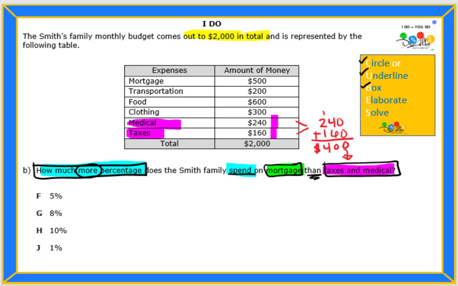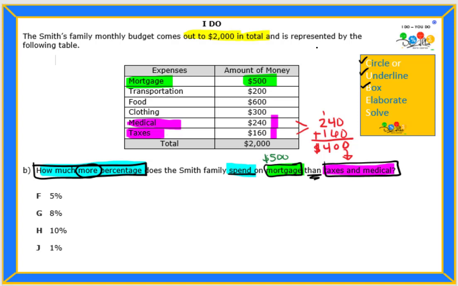Okay. Now, for the mortgage, we know that is $500. So how much more are we spending on mortgage than taxes and medical? Well, 500 minus 400 is the difference between the two.